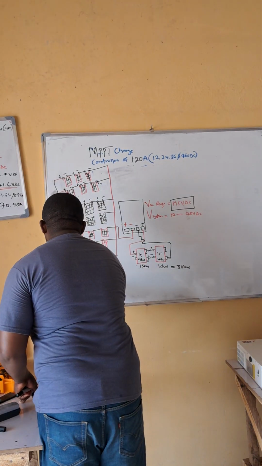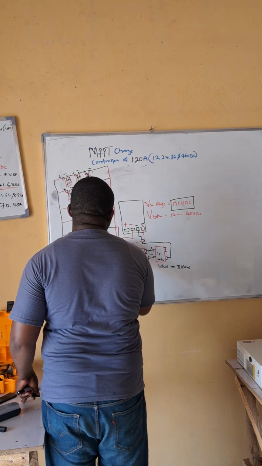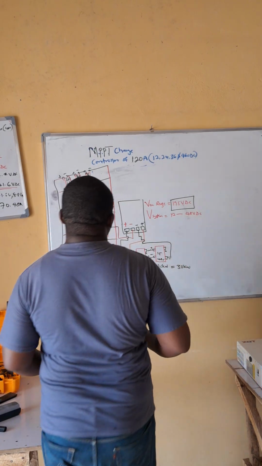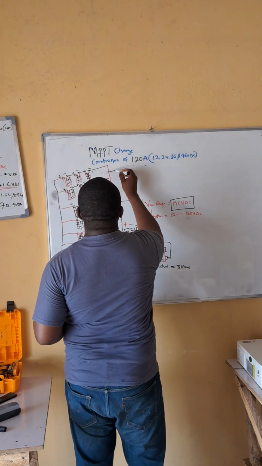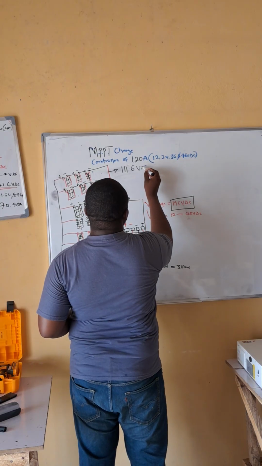For us to connect it to the charge controller terminal, by doing this, each string here is obtaining 111.6 VDC.